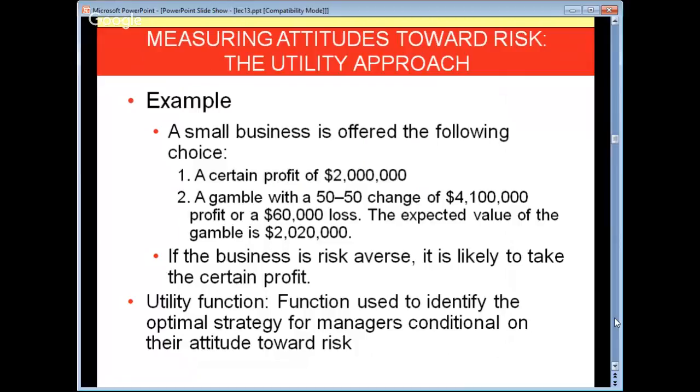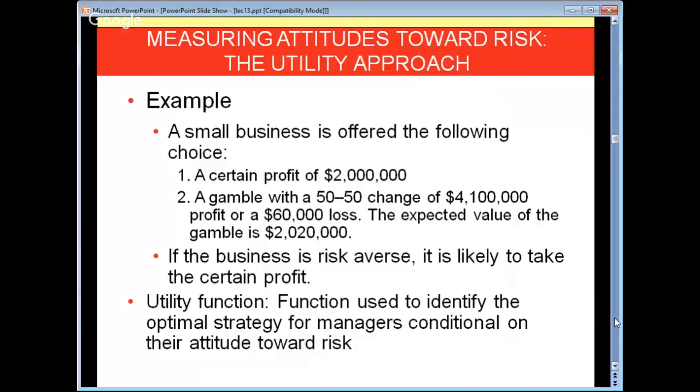I told you we were going to talk about attitudes towards risk, and that's where we're going to start now. Here's an example. A small business is offered the following choices. They can either accept $200,000 certain profit, or they can enter a more risky endeavor, where there's a 50% chance that they'll make $4,100,000, and a 50% chance that they'll lose $60,000.